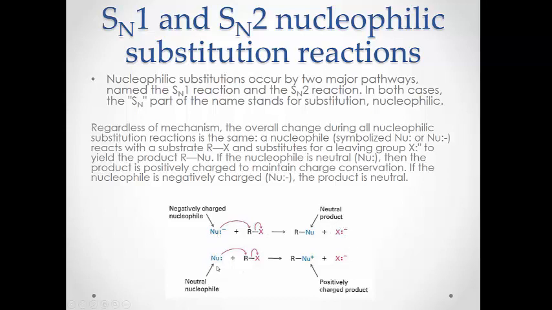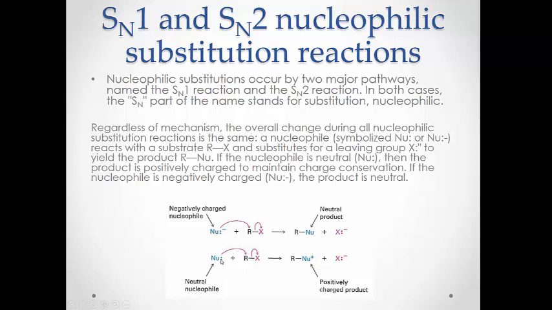If you look at these mechanisms, you can see we've got these curved arrows. The start of the arrow is where the electrons start, and the head of the arrow is where they're going to finish. So this movement shows that these two electrons are going to make a bond to the R group, and this bond is going to break, and those two electrons are going to go onto the X. If we have a neutral nucleophile, then it will become positive.